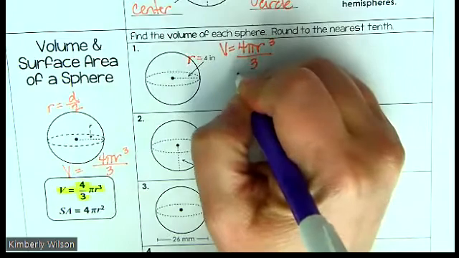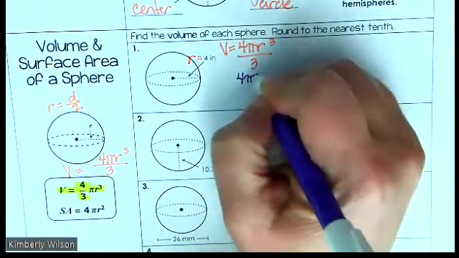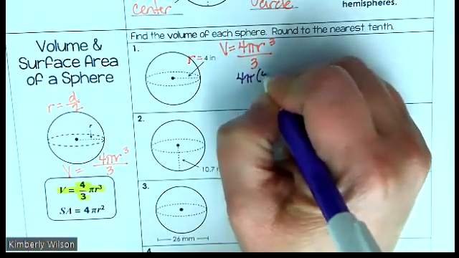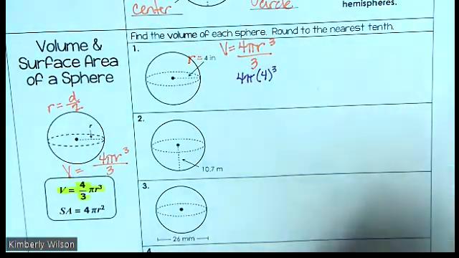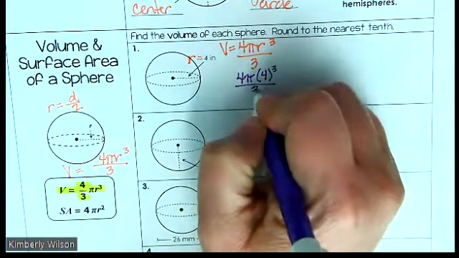So I'm now going to have 4 pi times 4 raised to the 3rd power, all over 3.